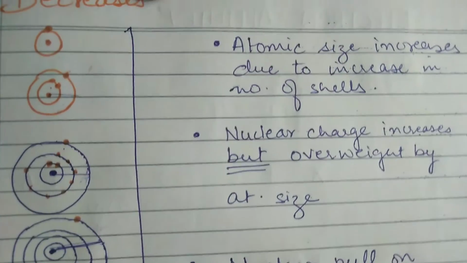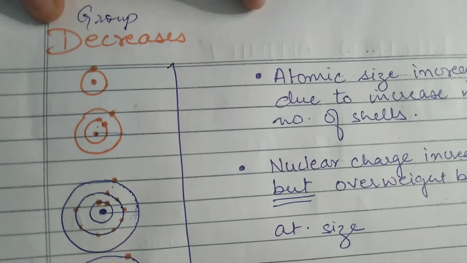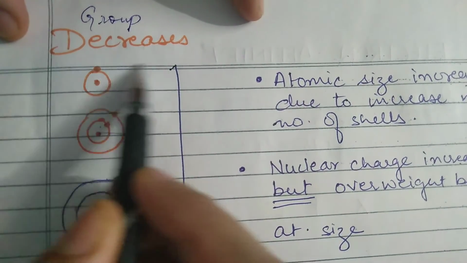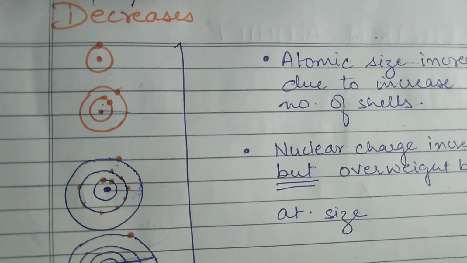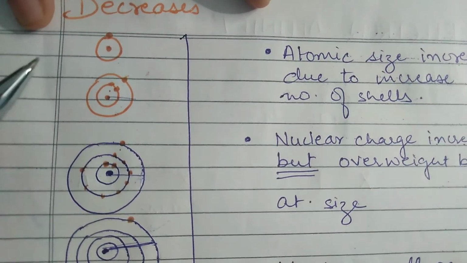Now let us study the trend down the group in a periodic table. Down the group, electron affinity decreases. What is the reason for the decrease of electron affinity down the group? Let us see.